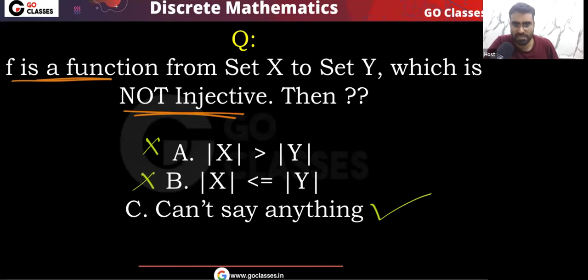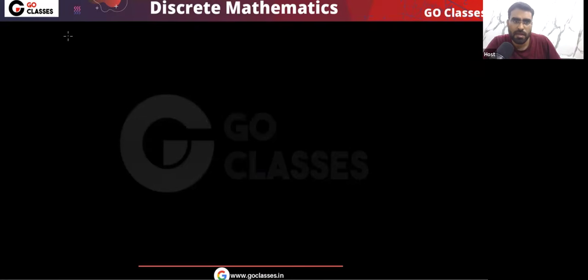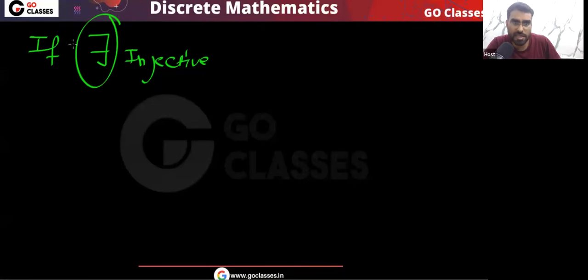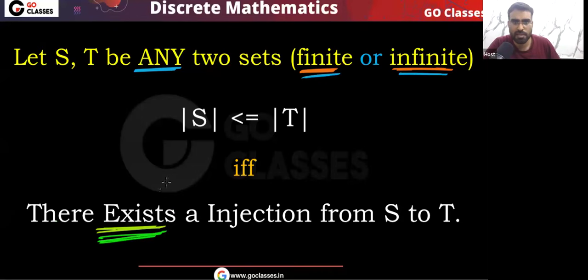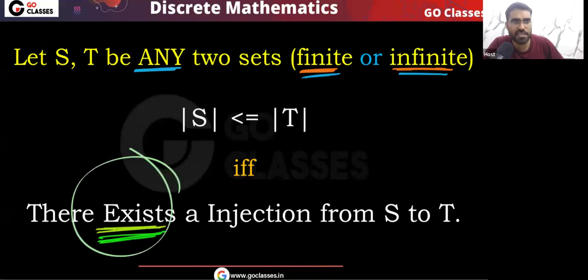Please focus. We are talking about existence of injection. Remember, if there exists an injective function, this existence we are talking about, then the cardinality of S is less than equal to cardinality of T if and only if there exists an injection from S to T. Okay, see this.